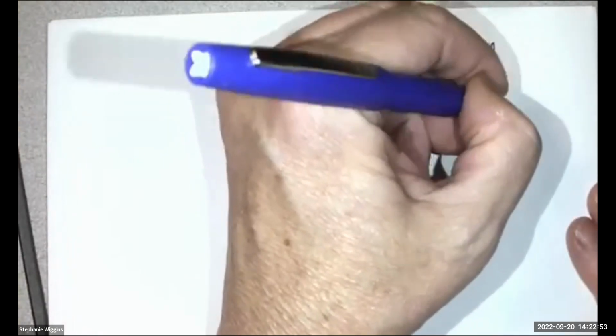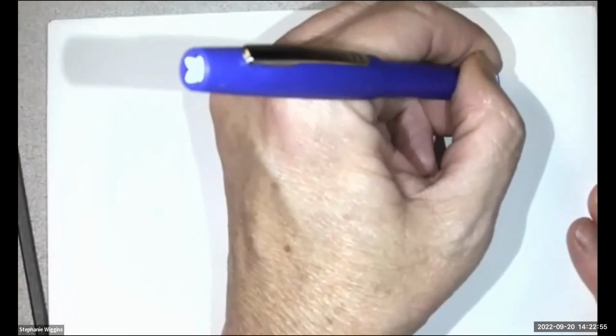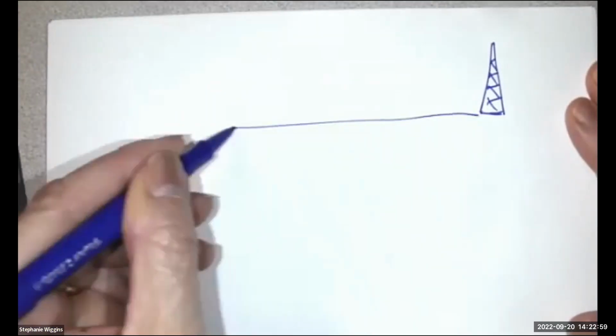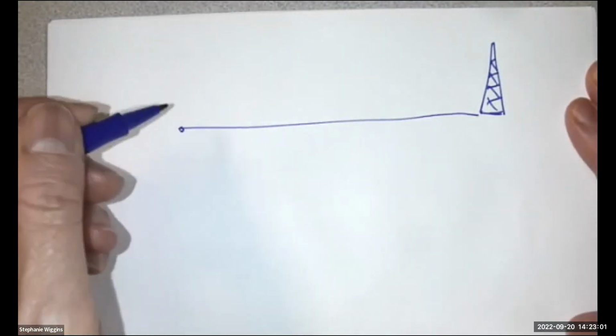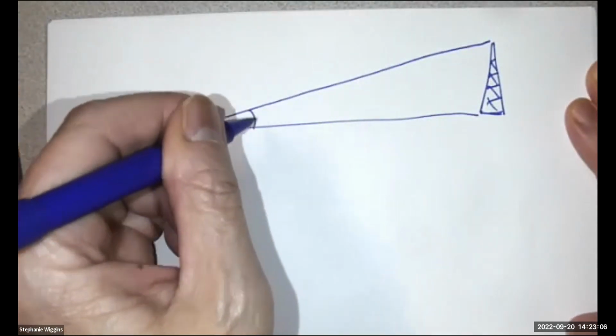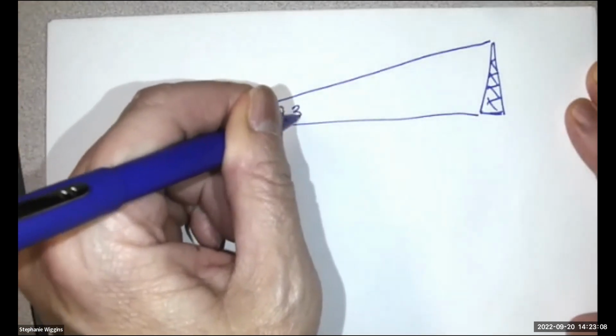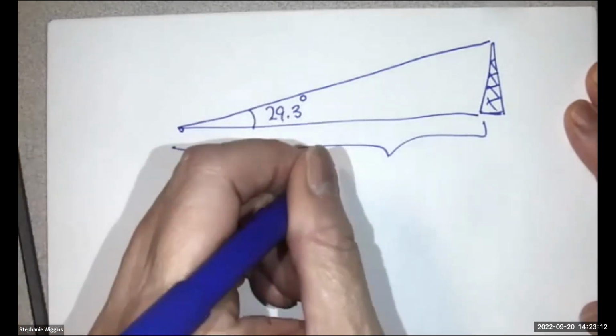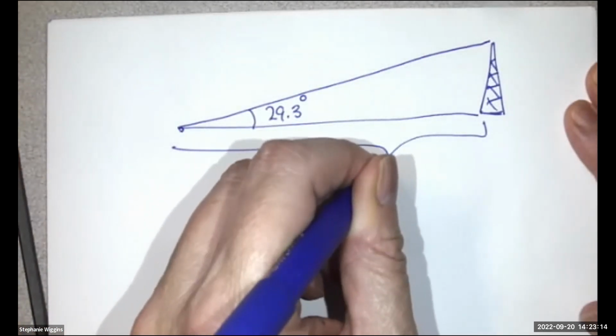So here's our tower, let's say. And here's the ground. They gave us that this angle was 29.3 degrees and that this distance is 1 mile or 5,280 feet.